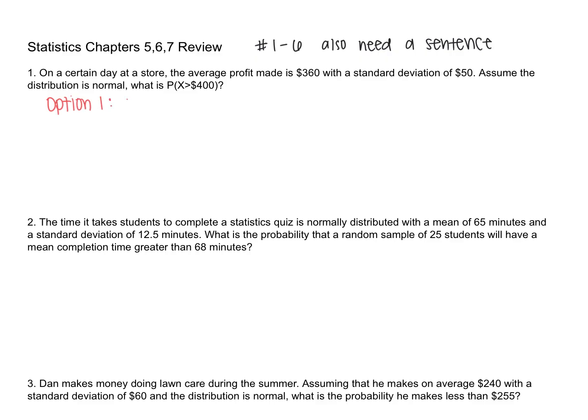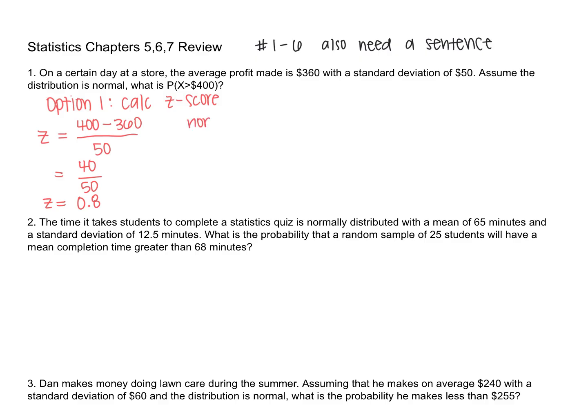So the first option is to calculate your z-score to find the probability. The z-score is your x value, which comes from your probability statement, so 400 minus your mean, 360, over the standard deviation, which is 50. So we get 40 over 50, which is a z-score of 0.8.